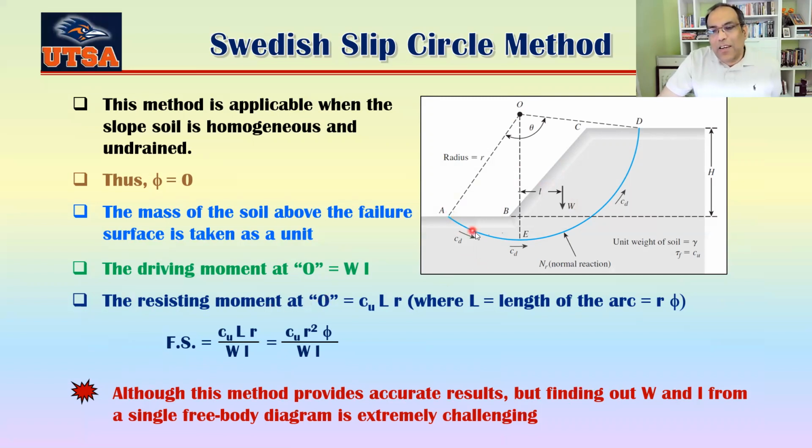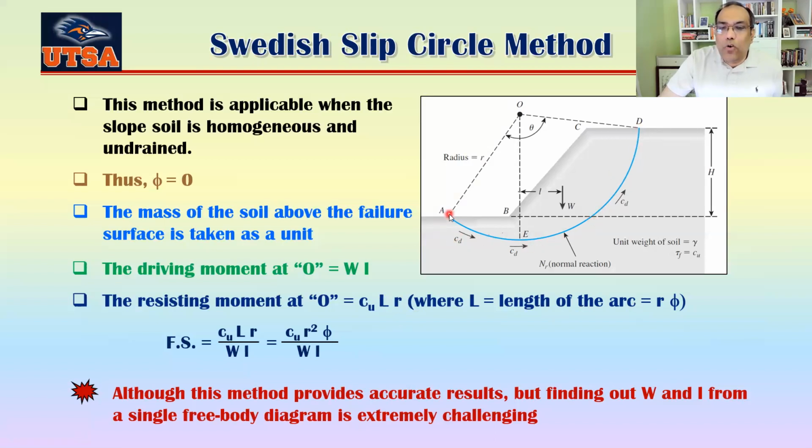That's basically your Cu multiplied by the distance, which is the radius R. So this is Cu multiplied by the length of the arc, from here to here.